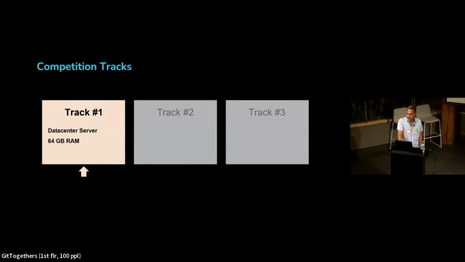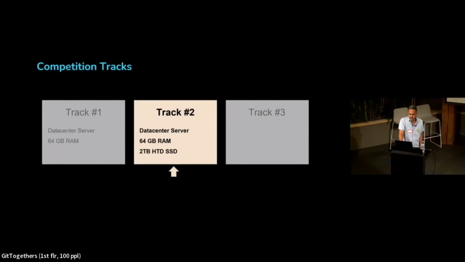All right, competition tracks. We featured 3 tracks in this competition. And I'll summarize those here very briefly. So track 1, we evaluated all of the submissions using a data center server grade machine with 64 gigabytes of RAM. The second track added an additional high throughput solid state disk, 2 terabytes.